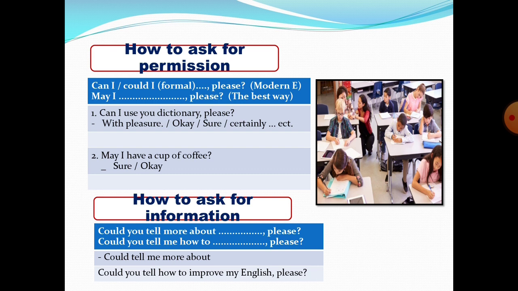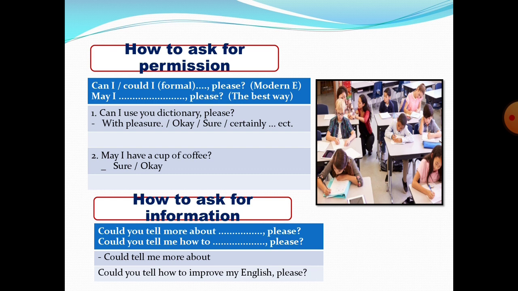So, asking for permission, I have two ways. The best way is may I read, may I go to the toilet, and so on. But I can use can or could. As usual, can is informal and could is formal.